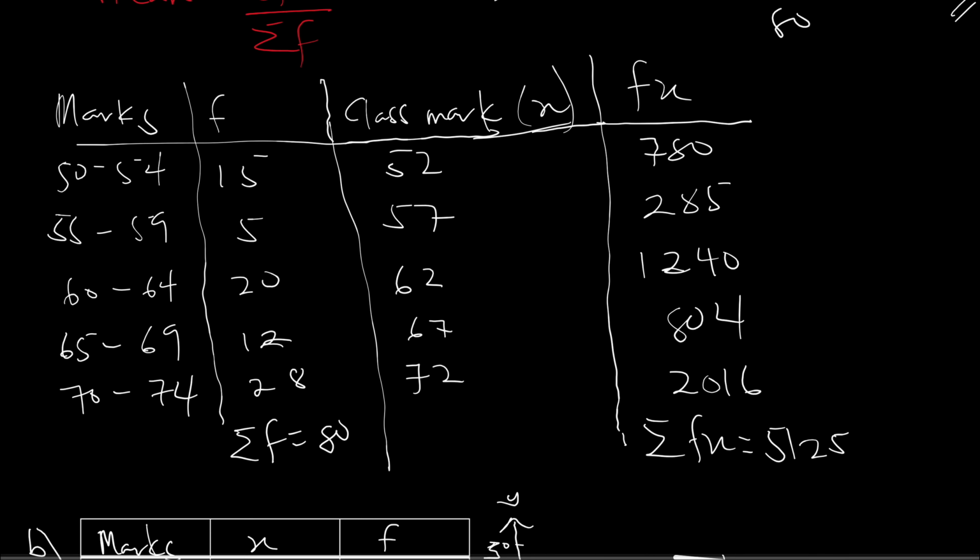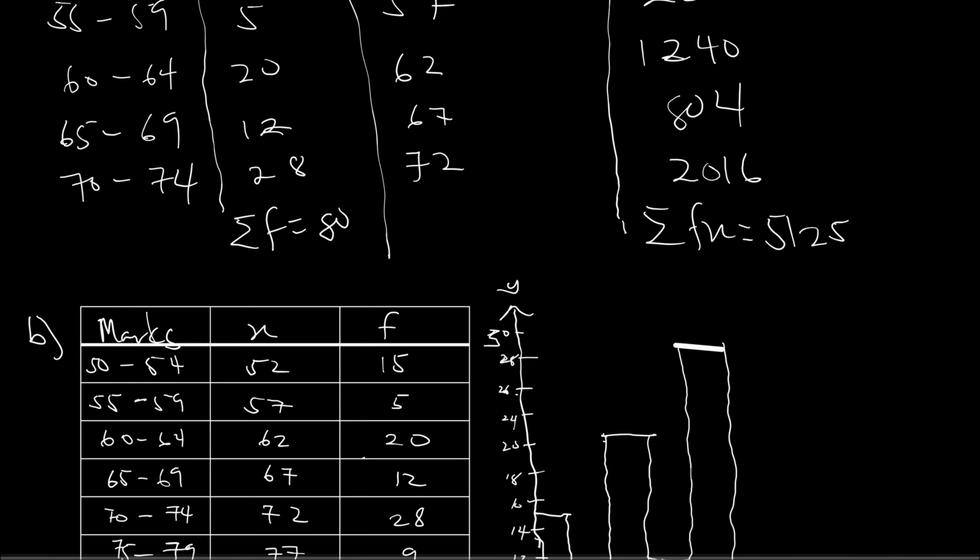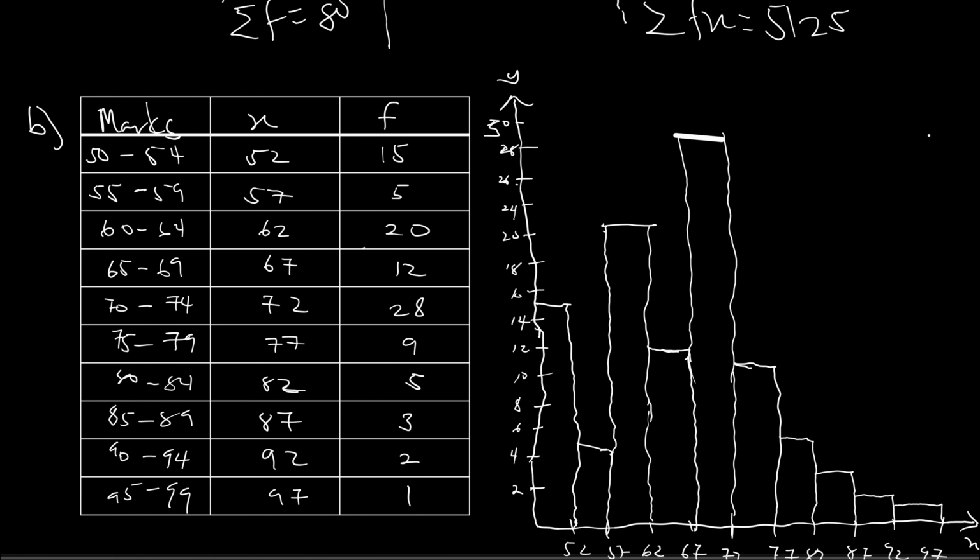Now moving on to part C of the question, it says use the histogram to estimate the modal mark. So we know that the mode is the number that occurred the most, or the number with the highest frequency. But when we look at our histogram, the mark with the highest frequency is 72.